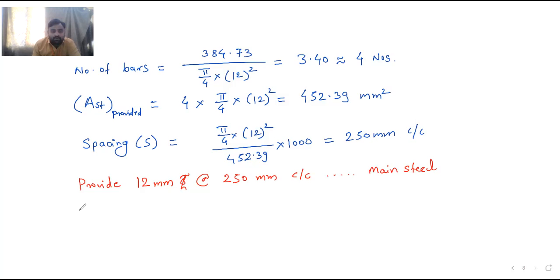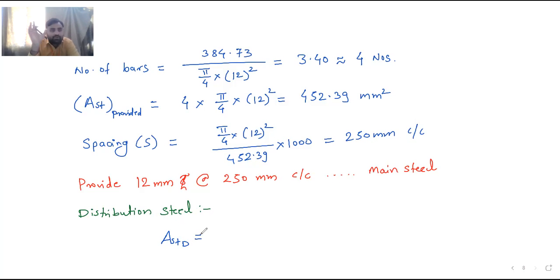So distribution steel. For other direction, we need to provide the distribution steel. You know the formula, ASTD is equal to, this is also called minimum steel, this is also called temperature steel, this is also called shrinkage steel.